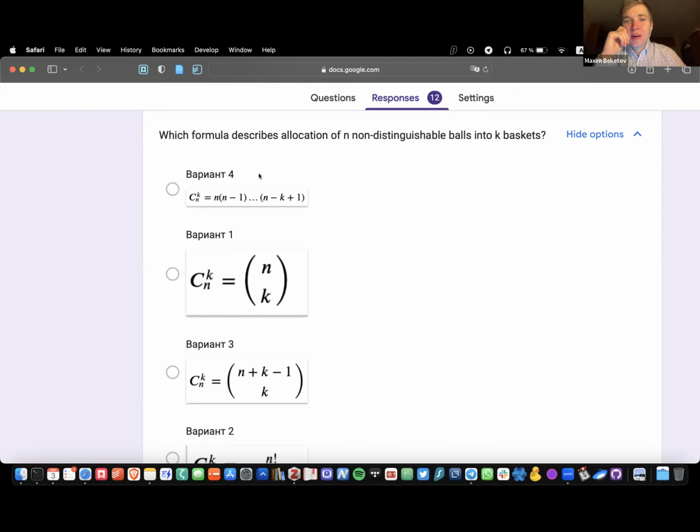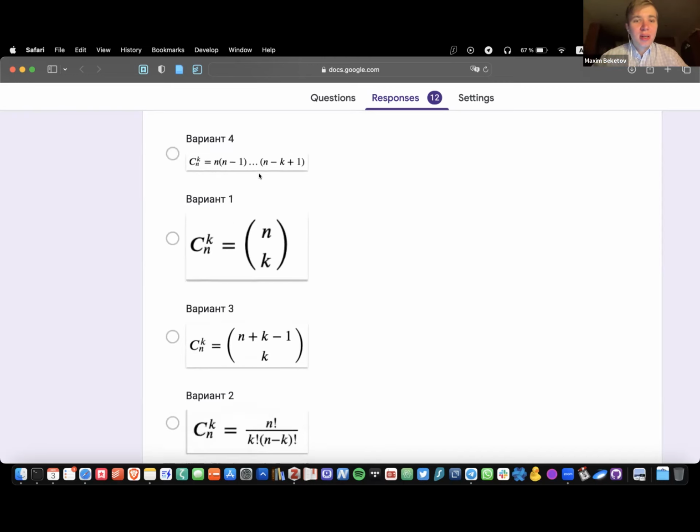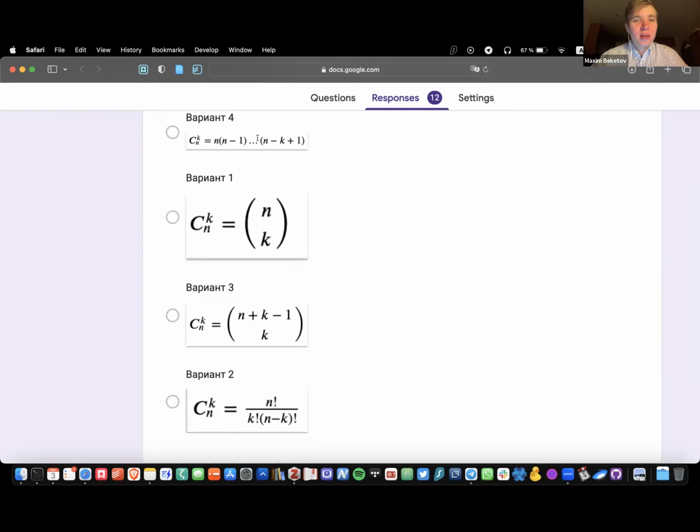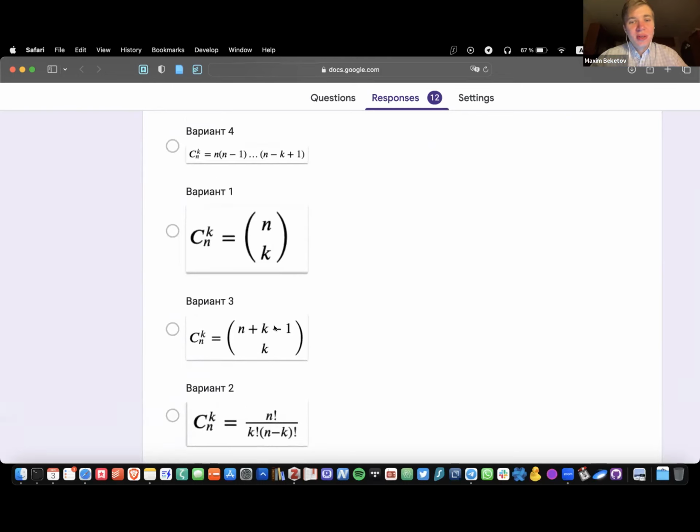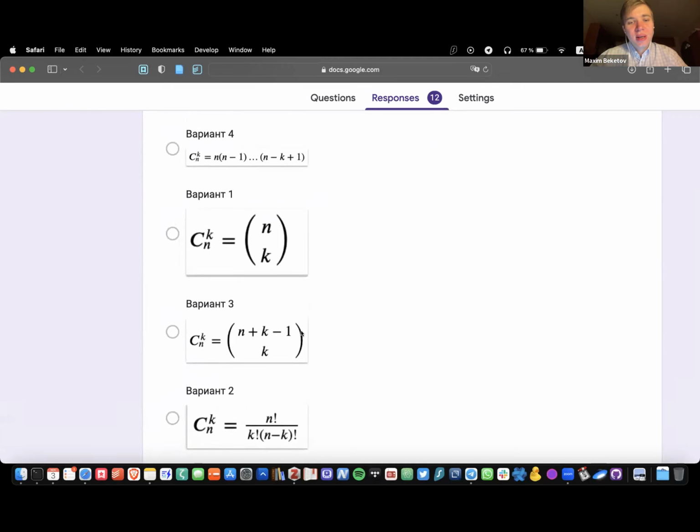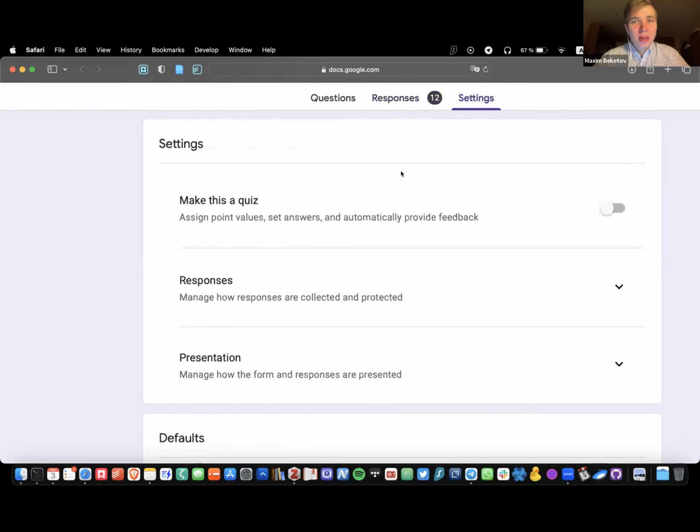So if there are n indistinguishable balls and we put them into k baskets, I believe it is not this thing either. So the only thing that is left is option number 3. And if you think about it, it is a formula that, if you remember the stars and bars trick, the stars and bars analogy, it is exactly that. So option number 3 was the correct one.